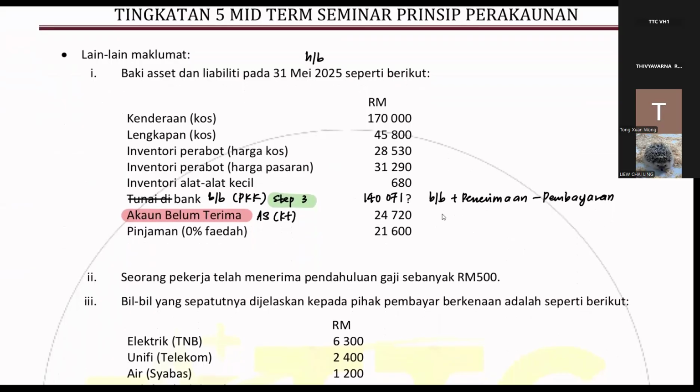Okay, do the klasifikasi one more time. Kenderaan, ABS. Lengkapan, ABS. Inventory perabot. You got two values. Always take the high or low value? Think about it. Inventory akhir will be recorded as part of cost jualan, right?